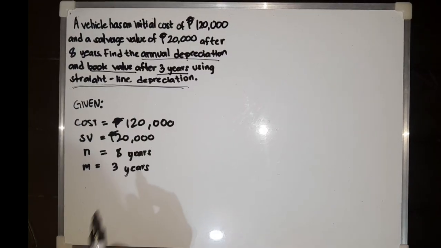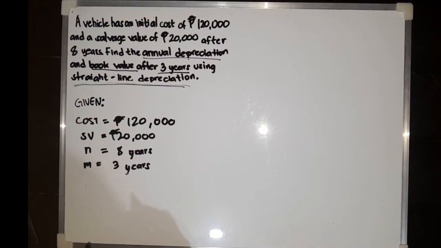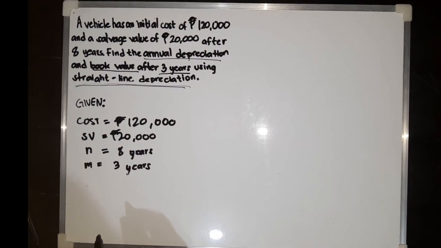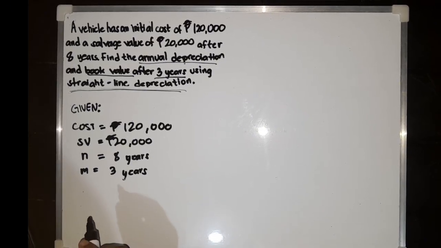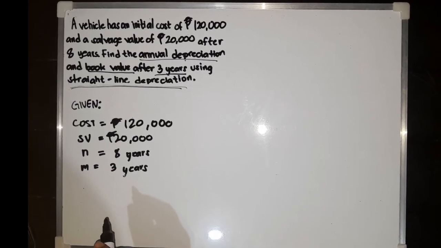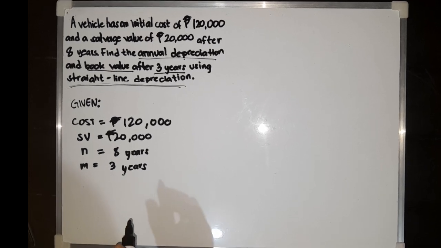Since now we have the given, next we will compute the annual depreciation using the straight line formula. First, we should find the total depreciation after M years.